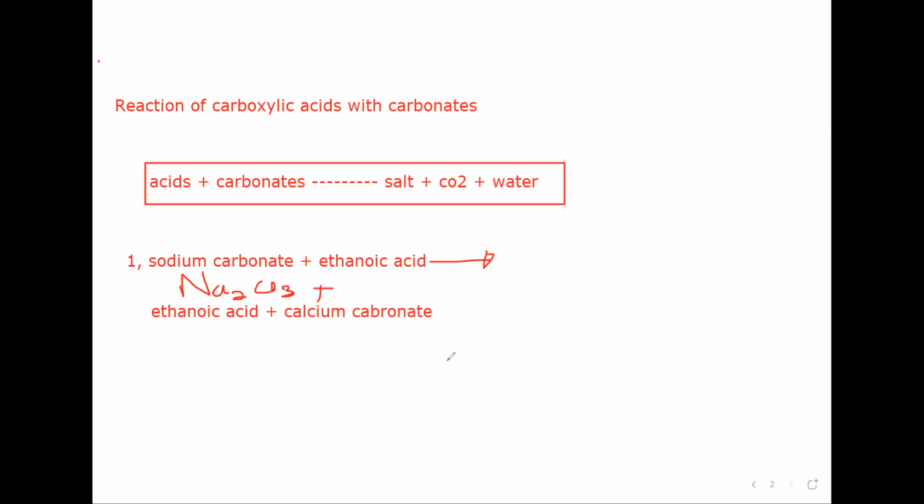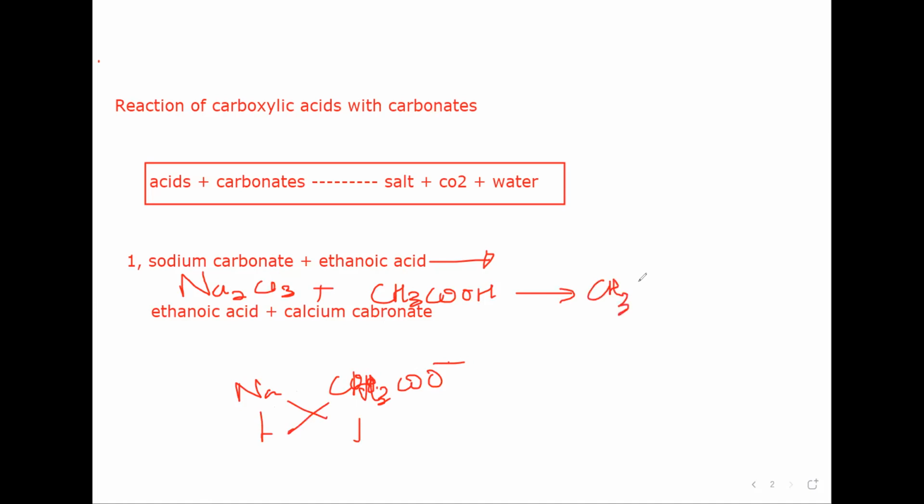And then CH3COOH. So we will have it between carbonate and CH3COOH, CH3COO minus, and sodium plus. So 1 and 1. But you should write CH3COO and Na. Do you get it?